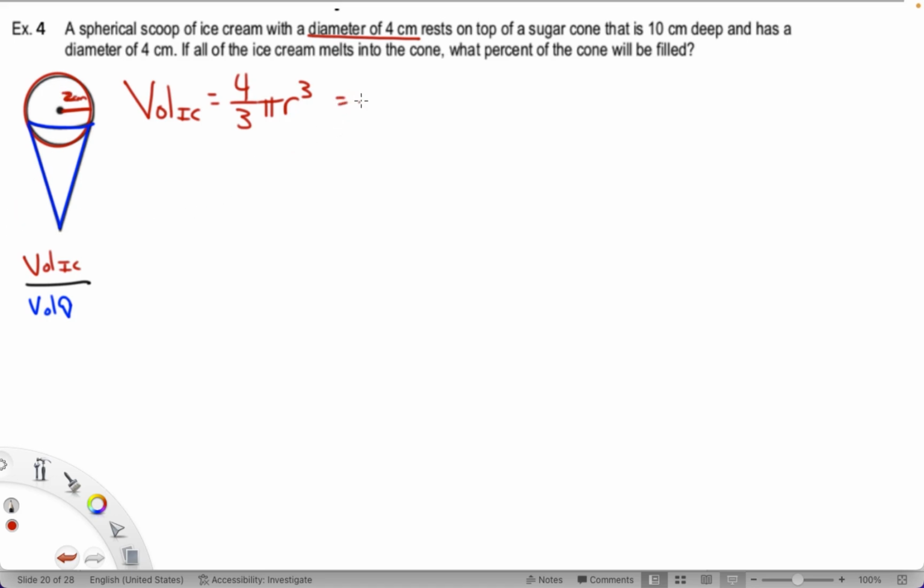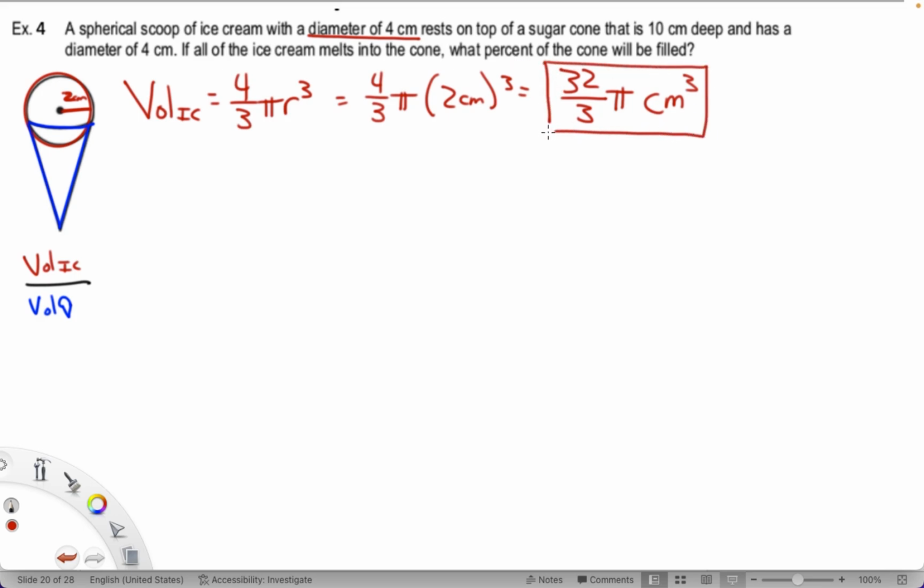So the volume of the ice cream is going to be 4/3 pi times 2 centimeters cubed. Do that whole thing out, and that's equal to 32/3 pi cubic centimeters. That is the volume of the ice cream.